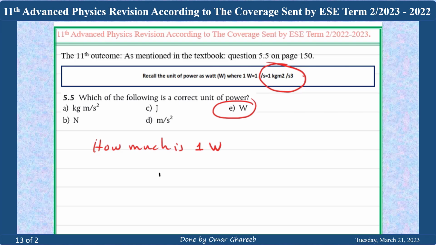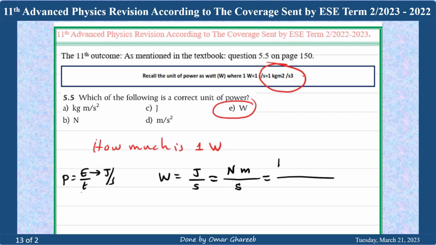Now, the watt equals joule per second. Don't forget this, because power is energy or work per time. Energy or work is joule, per time, which is second. So the watt is joule per second. What is the joule? The joule is a Newton meter, as we mentioned in the work, per second. Now, what is the Newton?